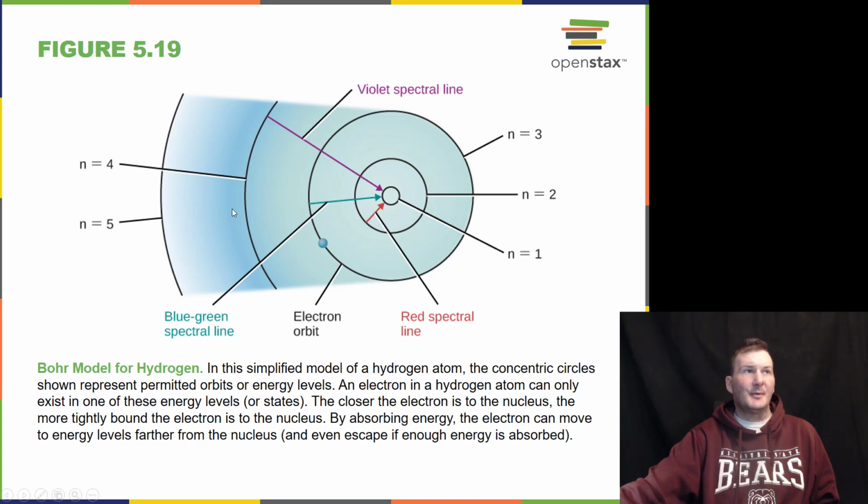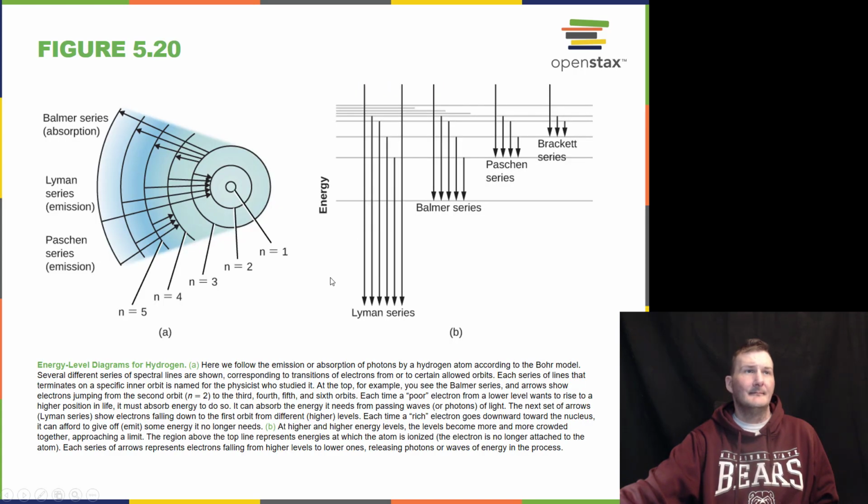And so for different orbits, different number of electrons can be seen, and we see different spectra depending on how many electrons are in these orbits. And so for hydrogen, we have these different series of energies involved with electrons.